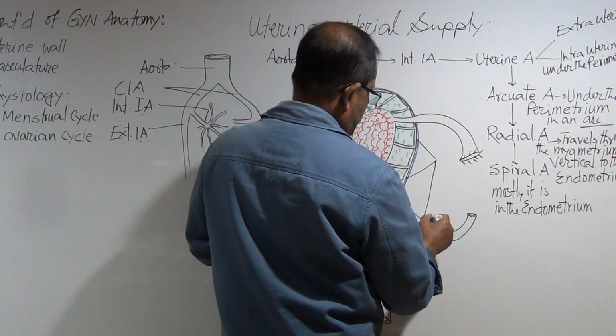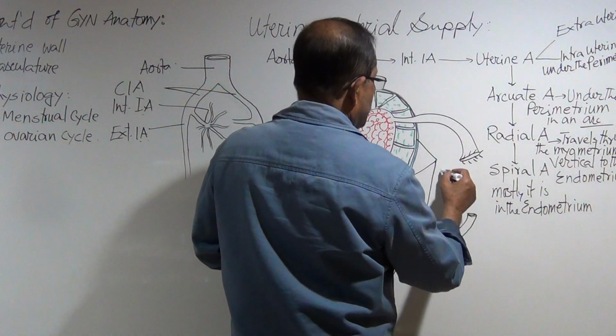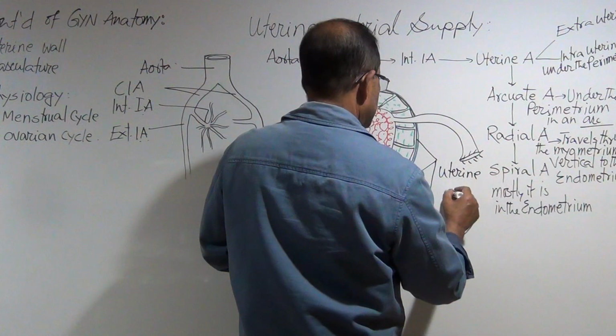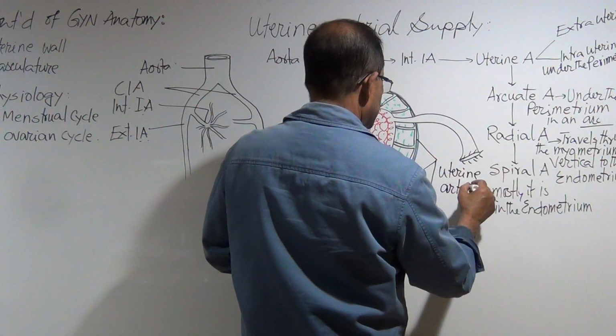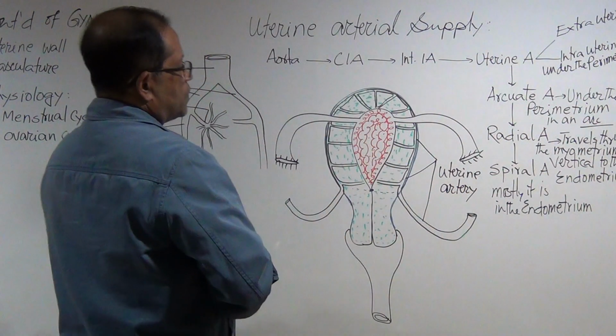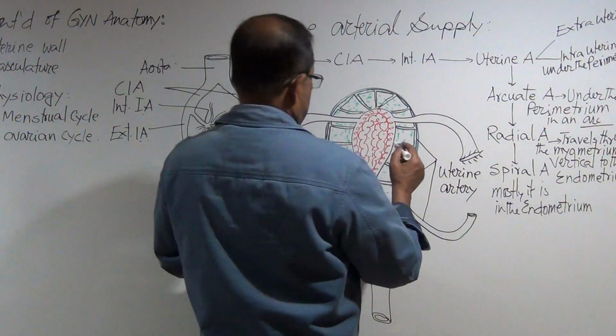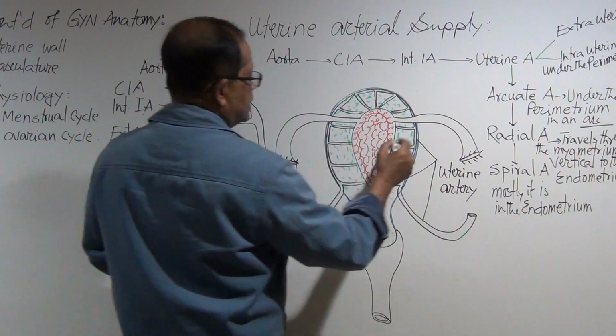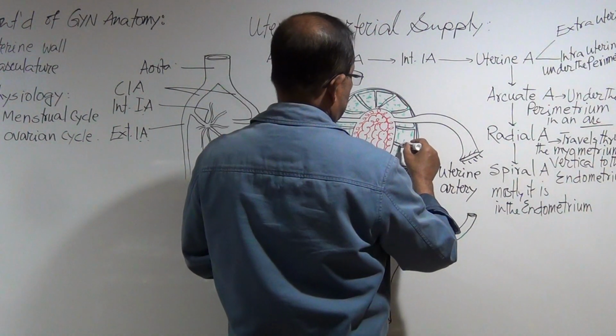So this is uterine artery. Okay, and this is arcuate artery. Okay, let me draw here.